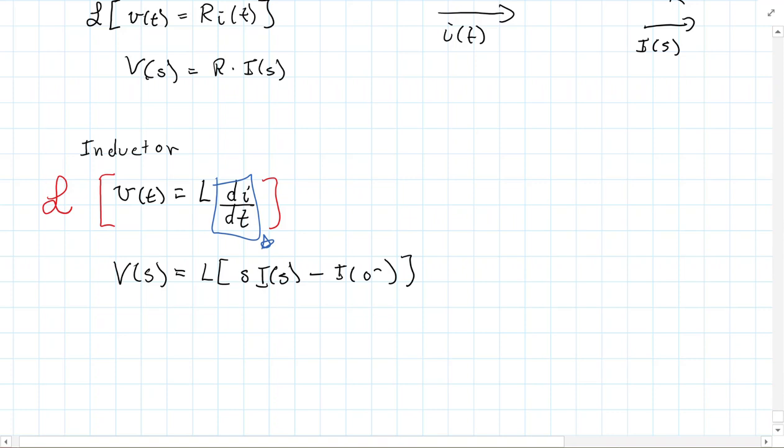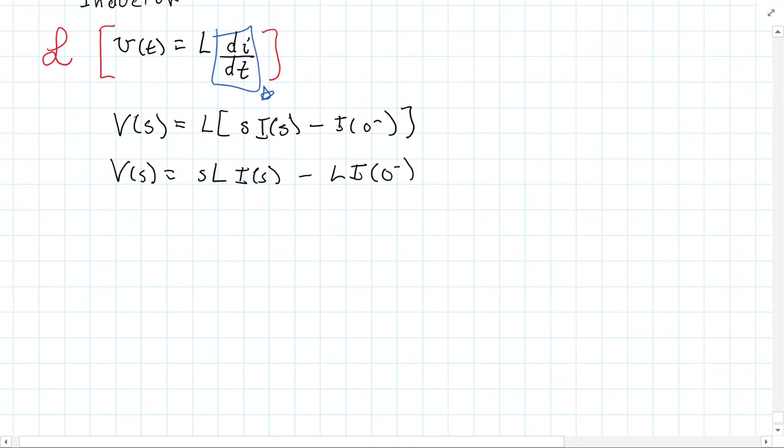So let's expand this out a little bit. We have V(s) equal to sL I(s) minus L times i(0-). Let's look at what the circuit looks like for this. In the time domain, we just have an inductor, with voltage v(t) and current i(t).